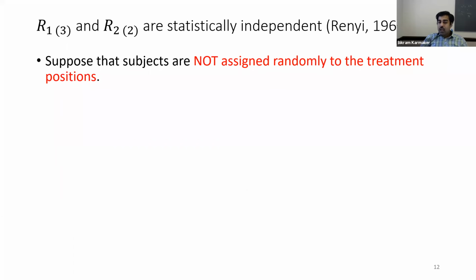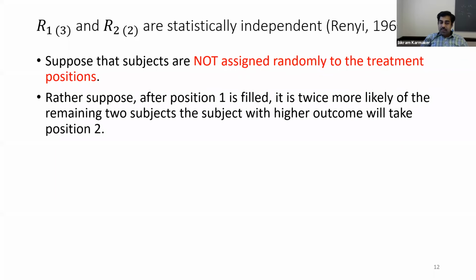Let's now suppose they are not randomly assigned. Suppose instead that after position 1 is filled by randomly picking one of the three people, it is twice as likely that, of the remaining two, the one with the higher outcome will take position 2.